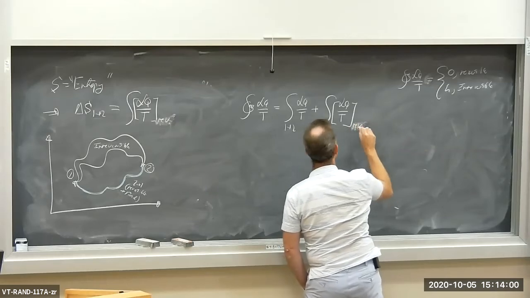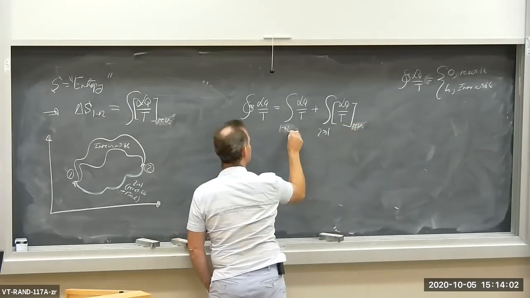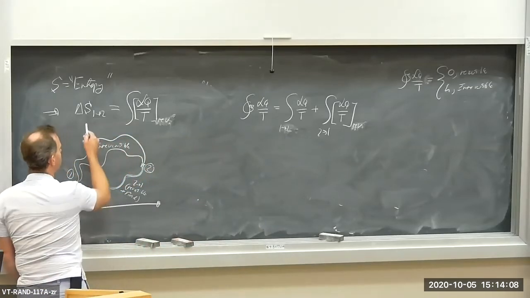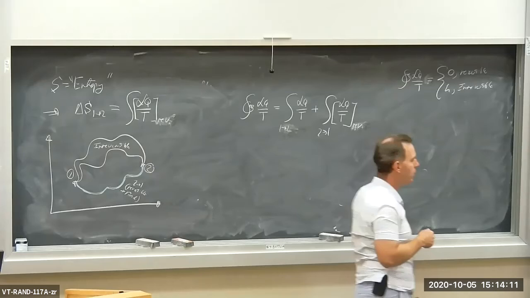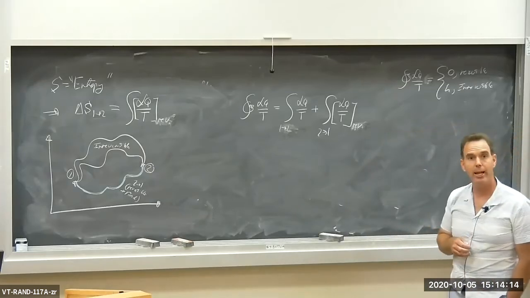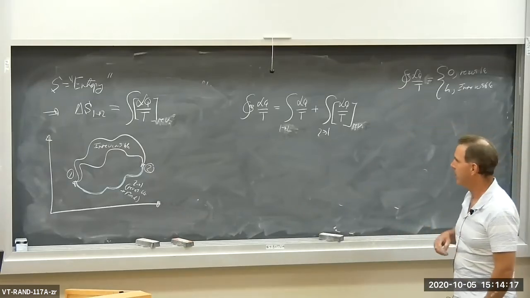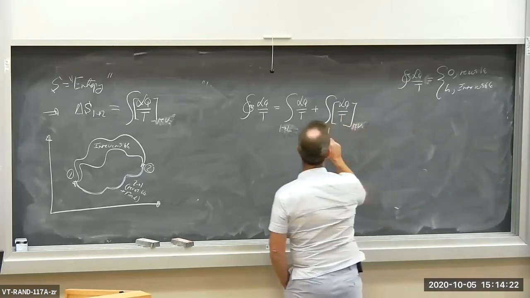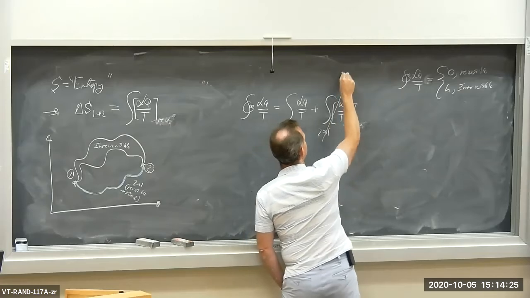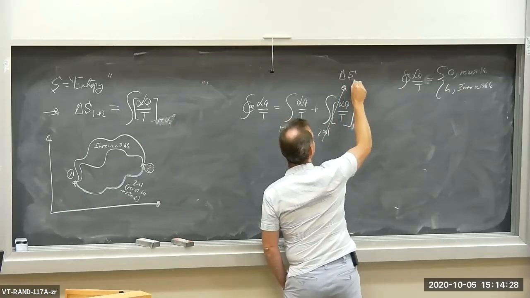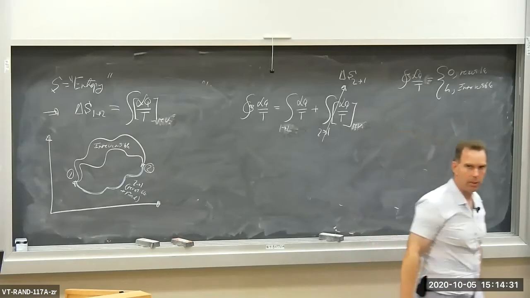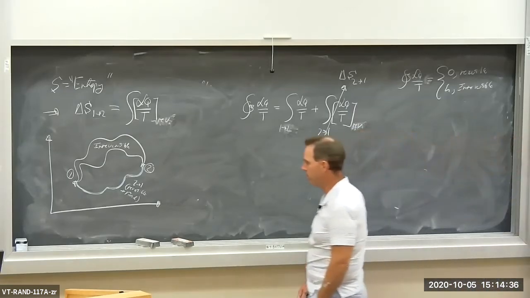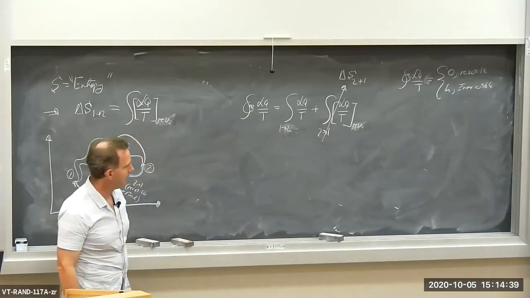Now, we've already hypothesized that del Q over T for a reversible process is equal to a change in a property, delta S. Now, this is the integral of del Q over T from 2 to 1. So that means that this integral is actually delta S from 2 to 1.